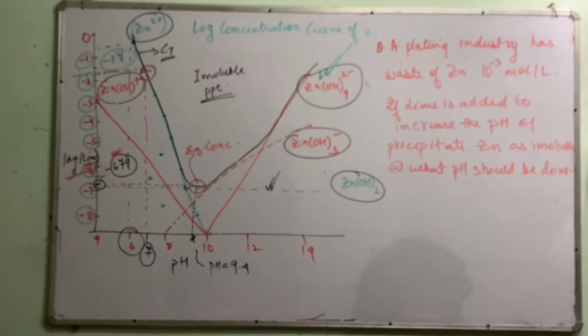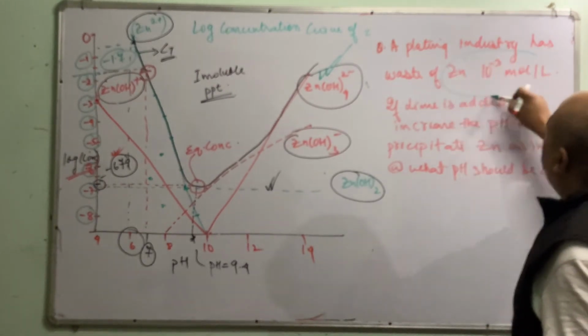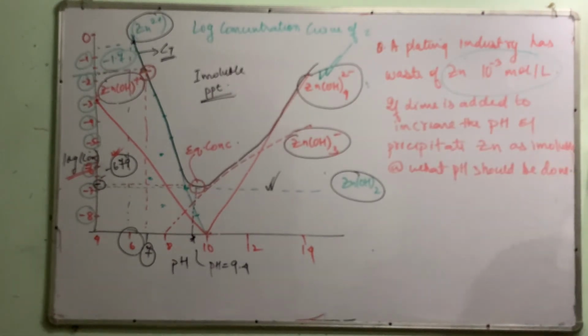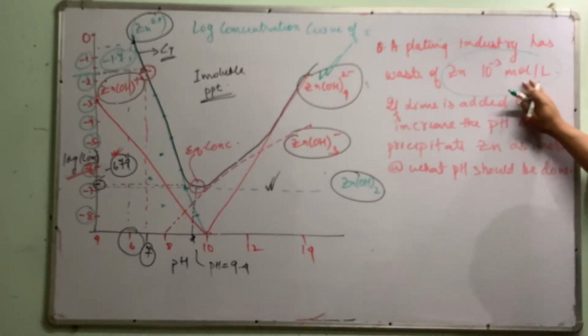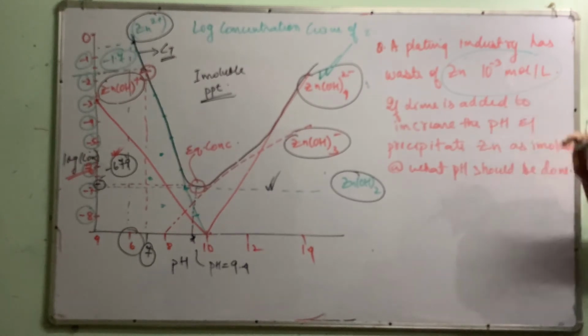So say a particular industry has got a wastewater having a zinc concentration of 10 to the power minus 3 moles. You go to your industry, you collect the samples, you estimate in the lab either by using atomic absorption spectrophotometer or any device to estimate the zinc. You see that the zinc concentration is 10 to the power minus 3 moles per liter.